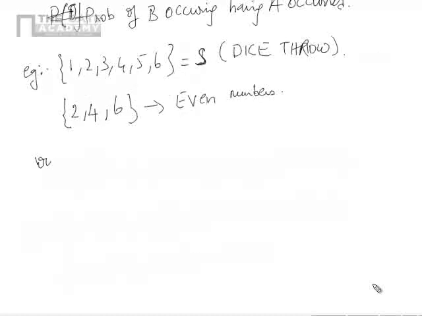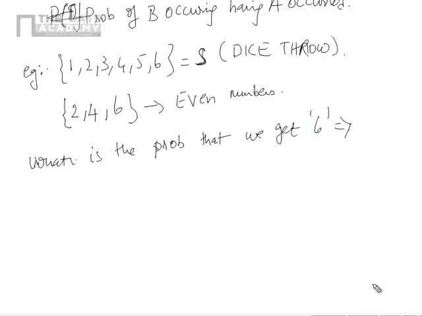Now what is the probability that we get 6? To get 6 on a throw of a die, it will be 1 by 6, correct? Yes or no?